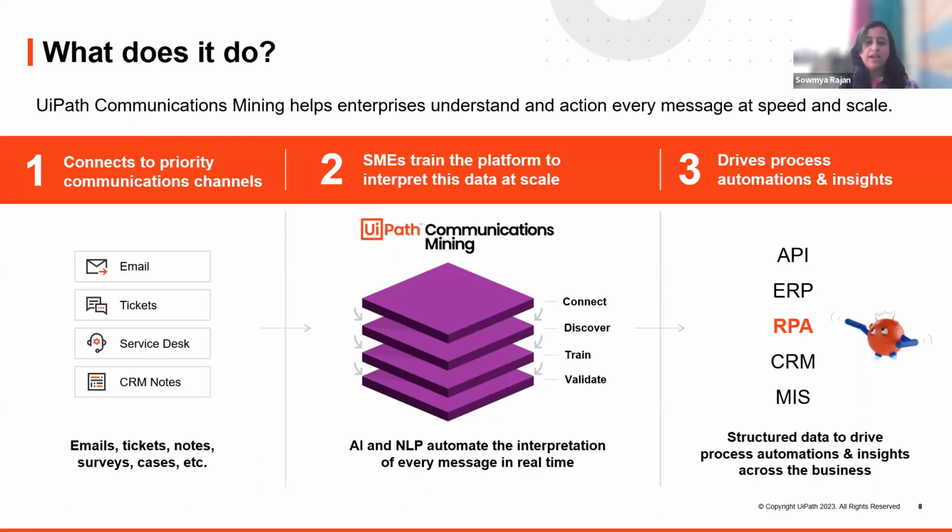While training the model, we have different steps. We connect, we discover what the emails are all about, we train the model, and we also validate. So the model will help us understand and interpret every message in real time. Each and every time you train, the model gets updated in real time. This is the beauty of this product.